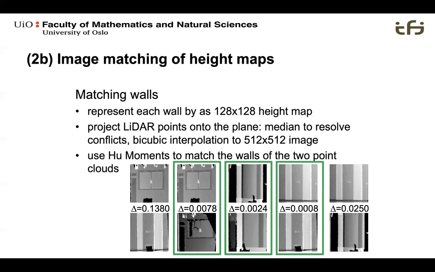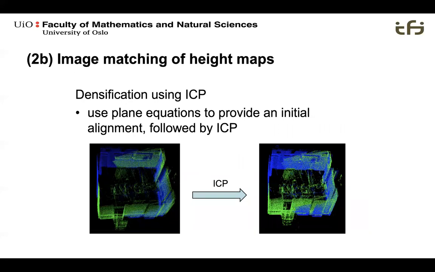And we see that the distance between images, even if they are quite different visually, but have the same structure, is very, very low. If we have a different image from a different wall, we see how the difference, here called delta, rises quite rapidly. So it means we can easily find the matching walls between the two different point clouds, and we can use the plane equations to get the different point clouds coarsely aligned.